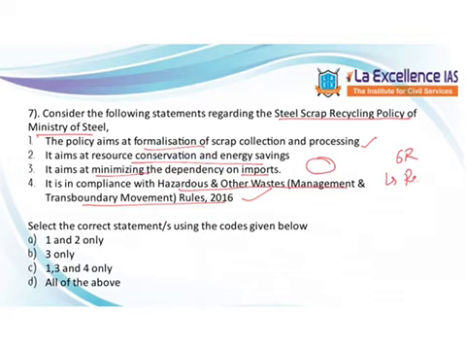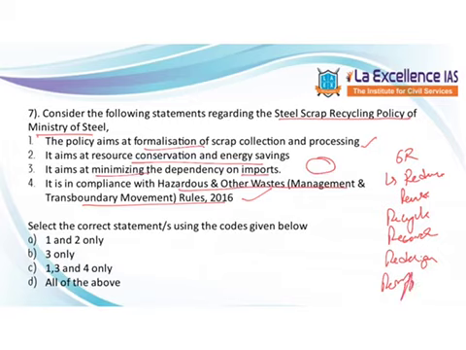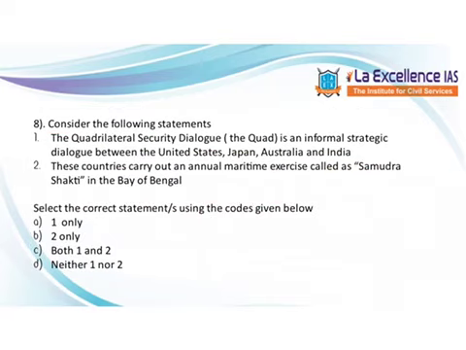Reduce, reuse, recycle, recover, redesign and remanufacture. Therefore, in this case, all four are correct. So the answer is all of the above. Remember, the steel scrap recycling policy is under the Ministry of Steel and is in compliance with the Hazardous and Other Waste Management Rules.